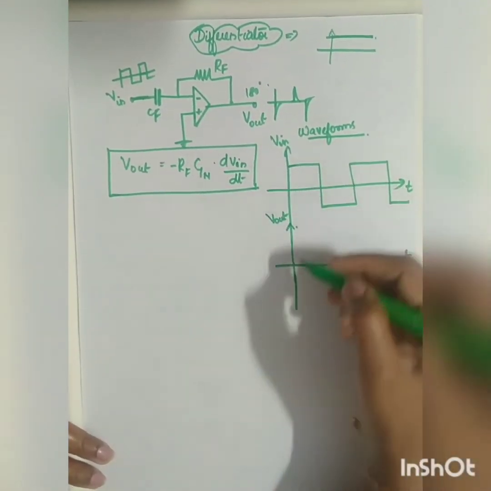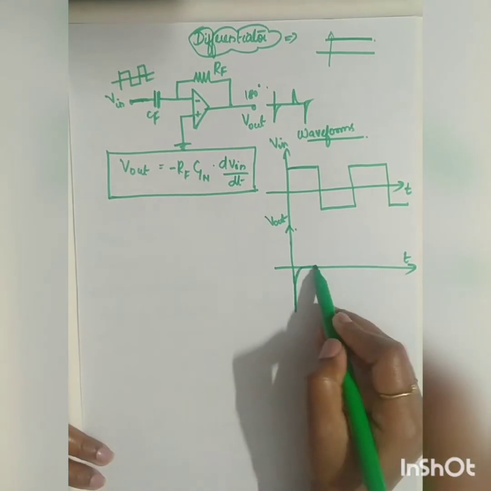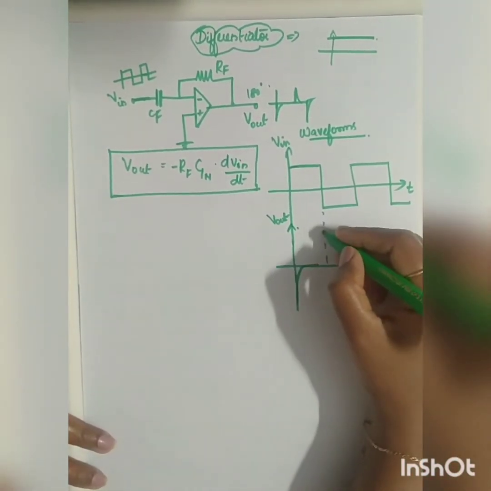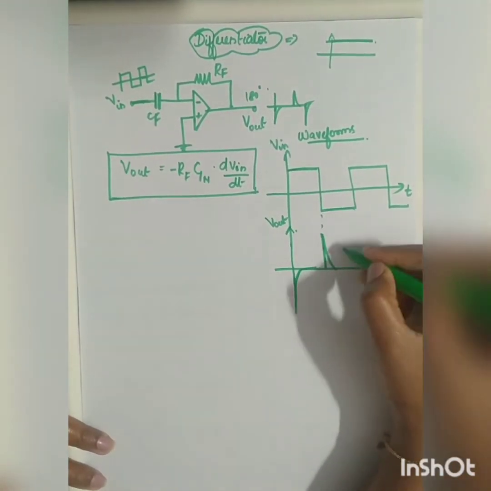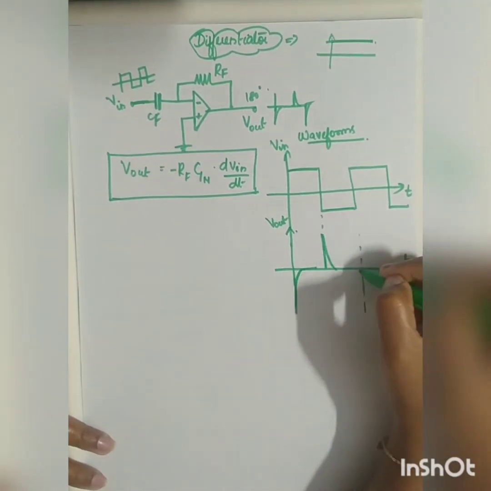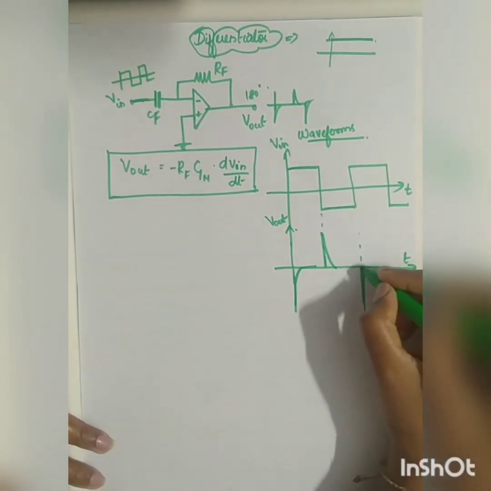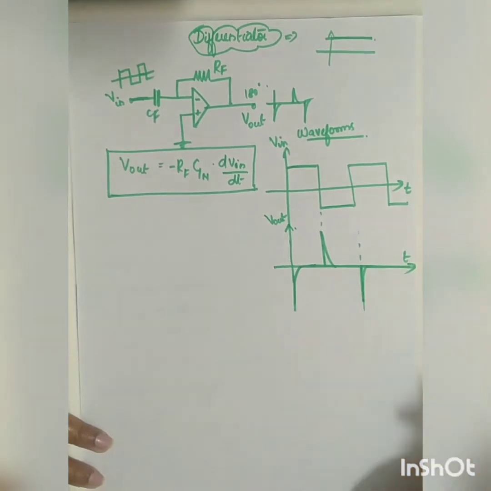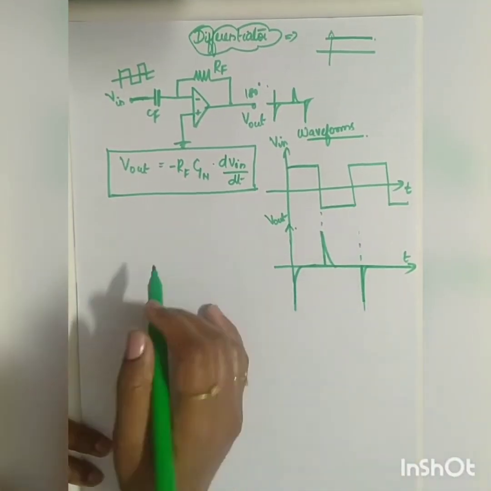So if the input is positive, you will be getting a negative spike. Here it is constant, so it will be 0. Now when the input is negative, you will be getting a positive spike. Here it is constant, so you will be getting 0. Again it is positive, so you will be getting a negative spike. So it is also called the rate of change of your signal. This is how you get your input and your output.